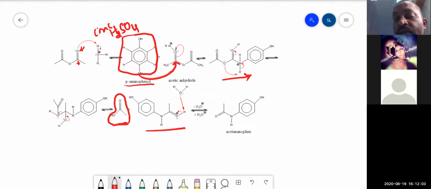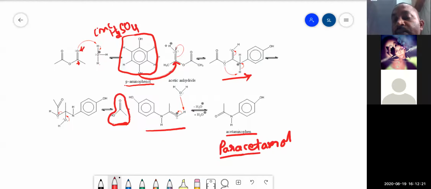So the other name for paracetamol is acetaminophen. So you can call it either paracetamol or acetaminophen. See, even the name you can look into it. Para-acetamino. So if you consider the phenol as the main group, para to the phenolic hydroxyl group, you have the amino group.